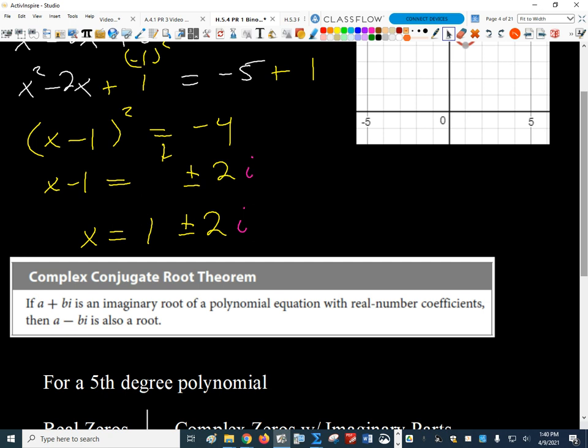If a plus bi is a complex root or a complex zero, then guaranteed its conjugate is also a complex root every time.